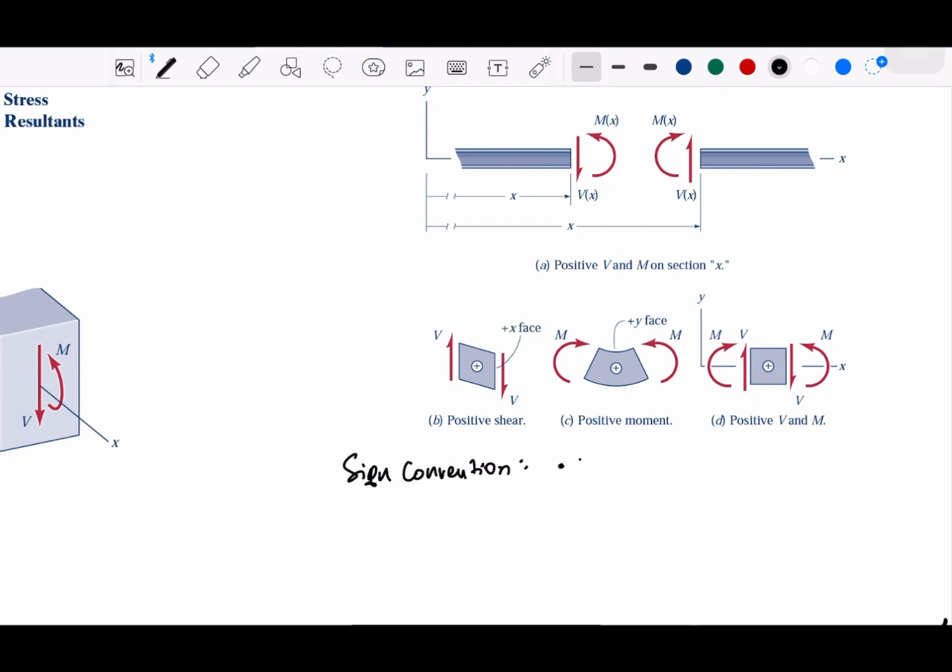So sign convention: positive shear V will act in the negative y direction, sorry, on the positive x face.